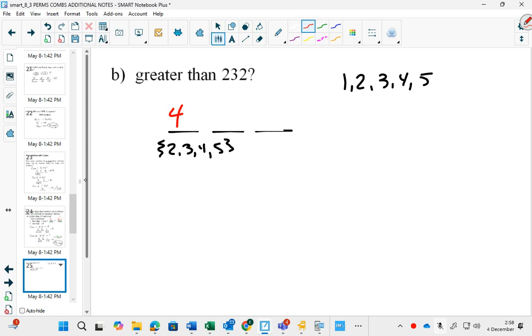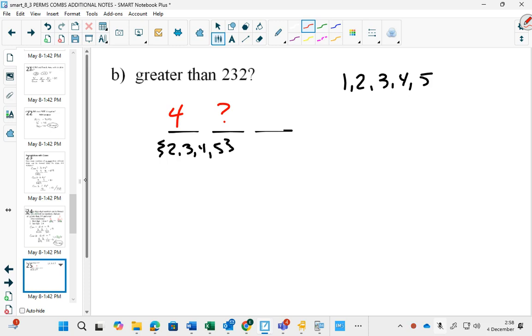But now I run into a problem with the second spot. Can I put a 1 in the second spot? Maybe. When can't I put a 1 in the second spot? If I picked a 2. So I don't know what number I can put here, because that number would depend on what number I put first.